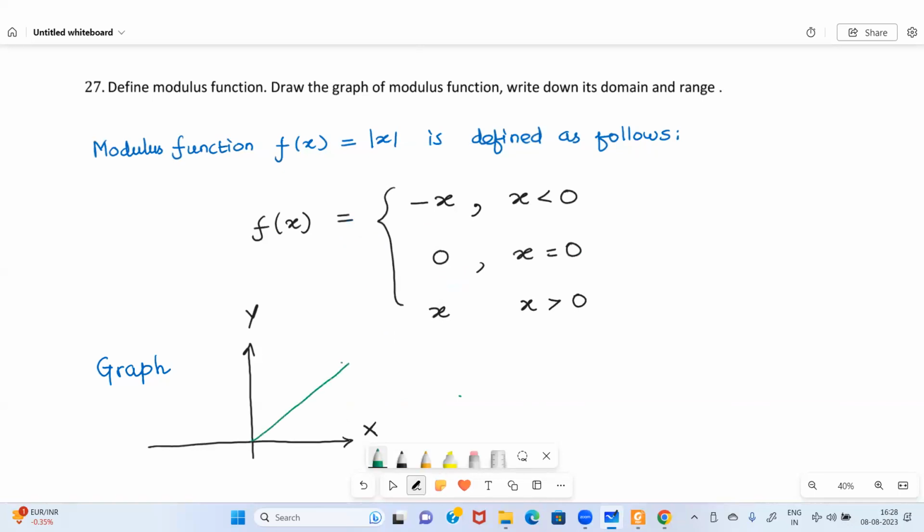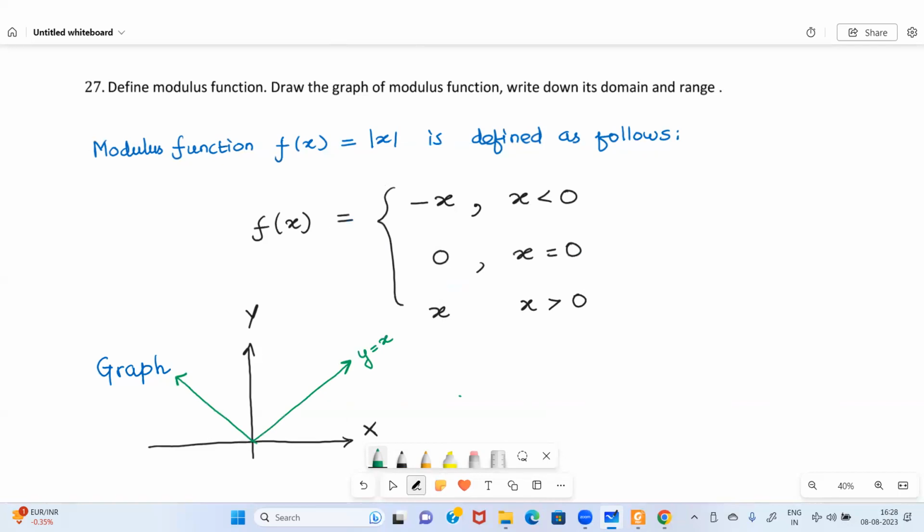So if you see in the first quadrant and in the second quadrant, the function will exist. Y value will not be negative. Is that clear, students? Okay. So it's a V-shaped graph. In the first quadrant, the function that will be representing it is y is equal to x, making an angle 45 degrees with x-axis.